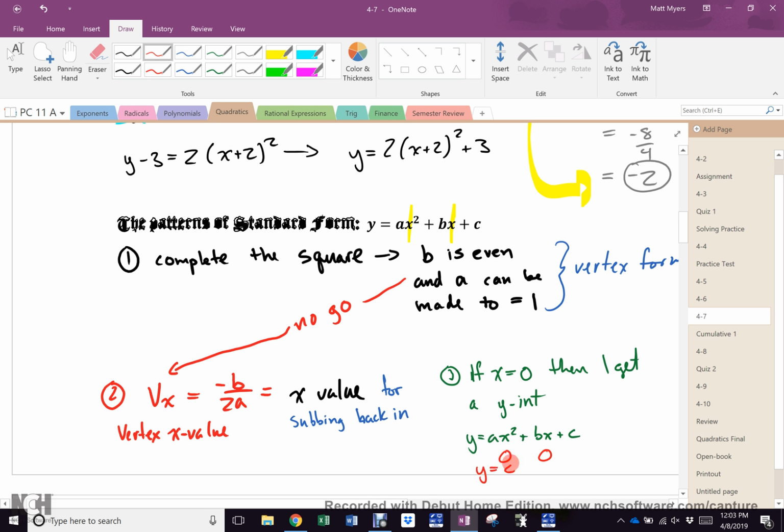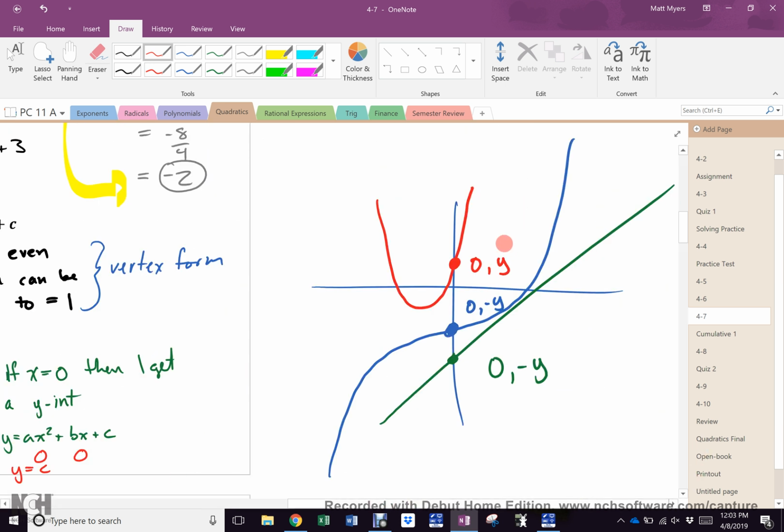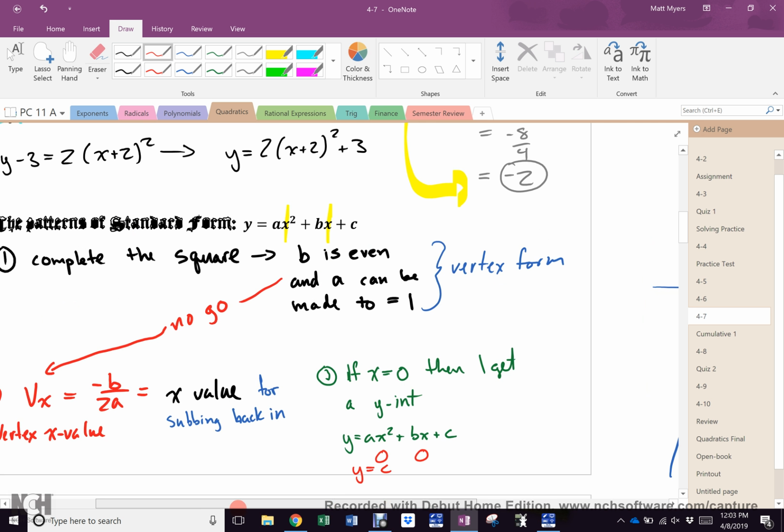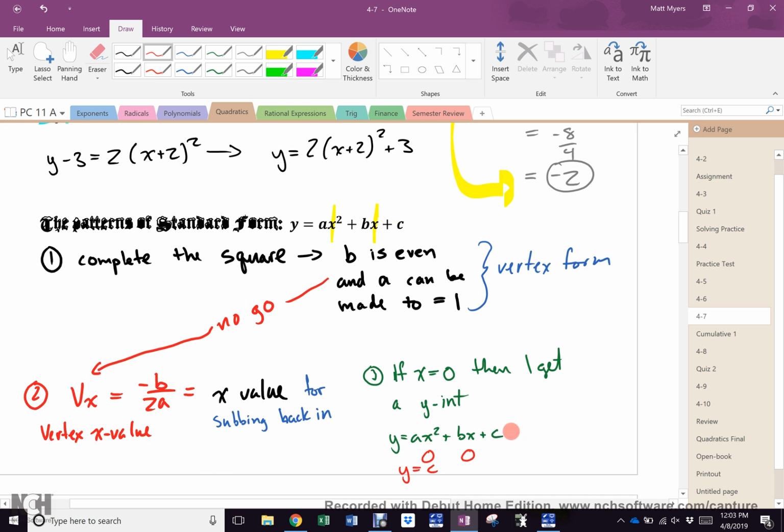If y equals c, then what is the y-intercept? C. Is everybody cool? Have we learned anything new about parabolas?